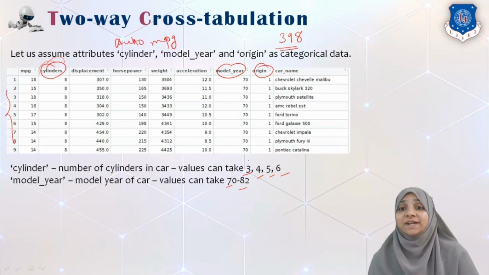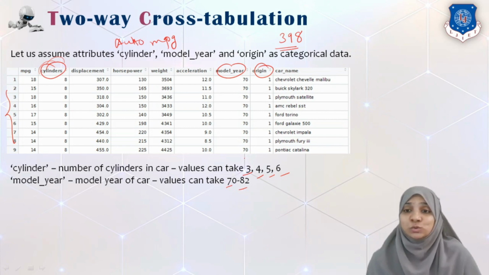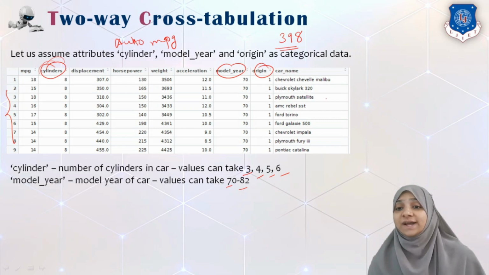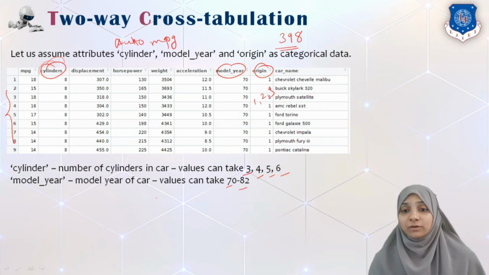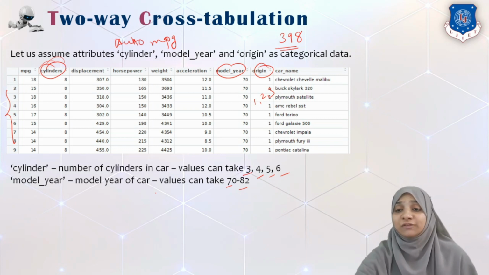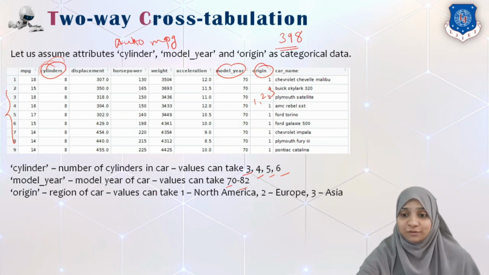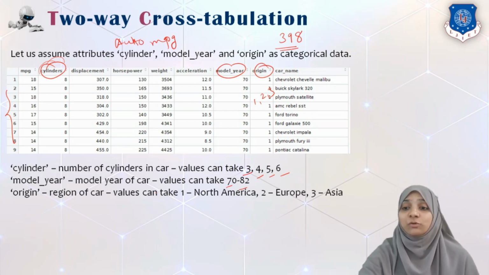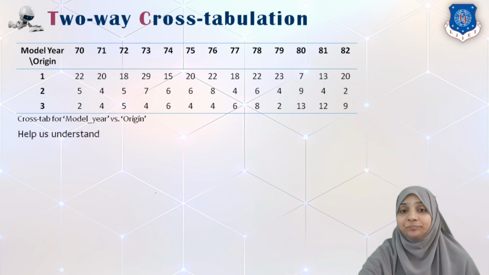That means this is data from the 1970s to 1982. And the origin, the zone in which these models are published, has values 1, 2 and 3. So there are only three possible values for origin. Origin 1 can stand for North America, 2 for Europe, and 3 for Asia.